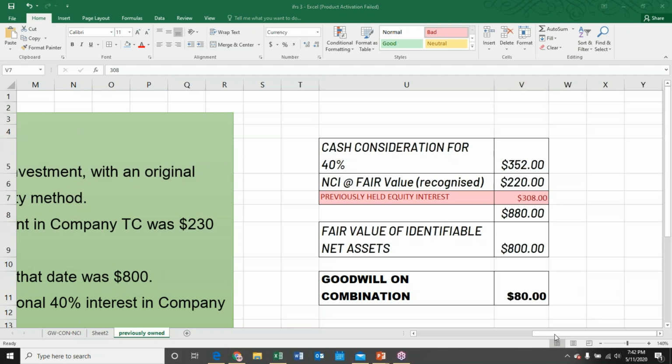Sir, any problem that you had under the step acquisition sheet? The amount of 308, why is it considered in calculating goodwill? This is my previously held equity interest. If I am having a business combination as per IFRS, I am going to take any interest that I was holding in the entity previously also, so I am going to account for that also. The reason being, I will have to calculate the goodwill on the combination.